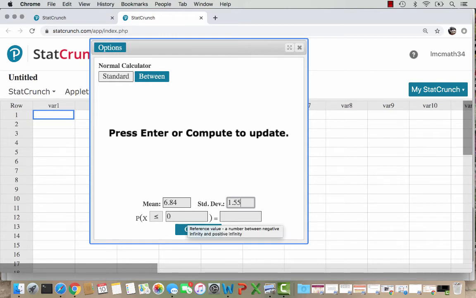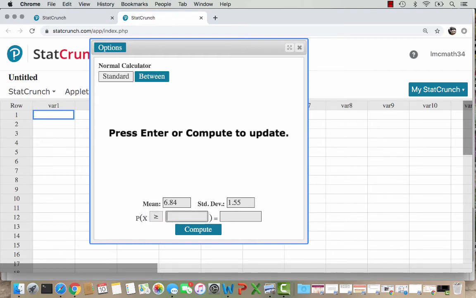Now, one of the questions I just solved asked what percent of scores were above 8.39. So I'm going to pick greater than here. You can click on your inequality and choose less than or equal to or greater than or equal to.